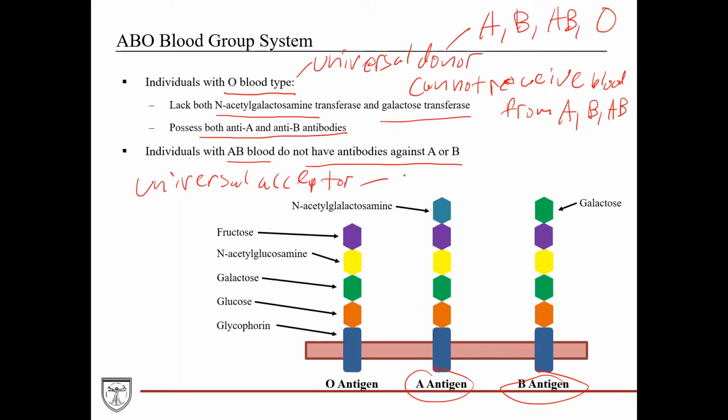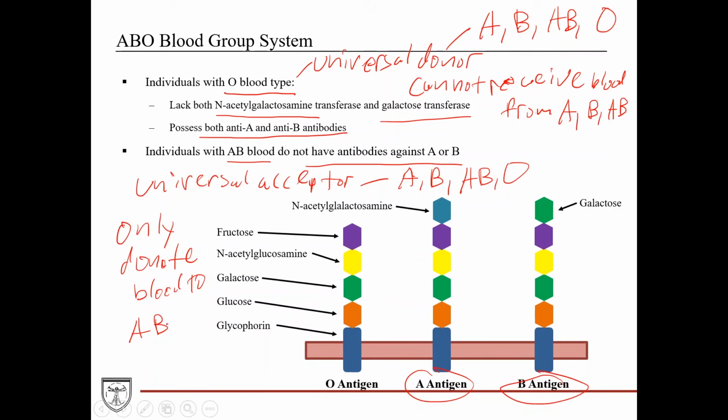They can receive blood from A, B, other people with AB, and people with type O. As far as who they can give to, they can only donate blood to other people with AB. Because if they give to type A, that person will have antibodies to B, and if they give to type B, that person will have antibodies to A. It's just not going to work out.